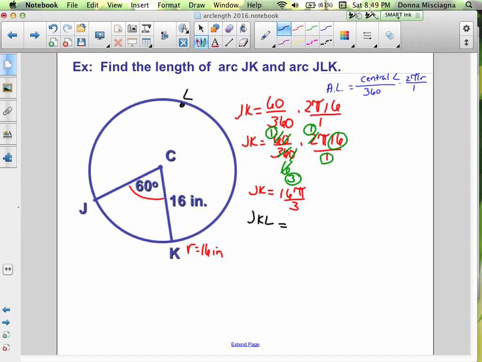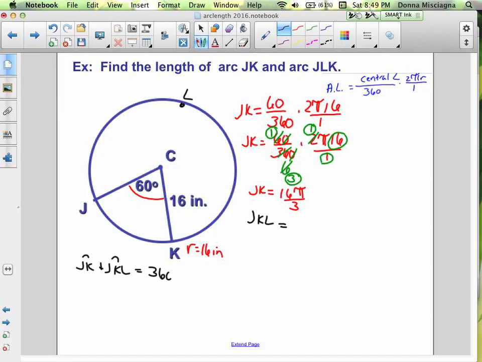All right, so now we need to find the central angle. So the tape's going to pause. The measure of arc JK is 60 degrees. Tell me the measure of the central angle for JLK. All right, thanks for answering that question. So together, JK and JKL equal the entire circle.